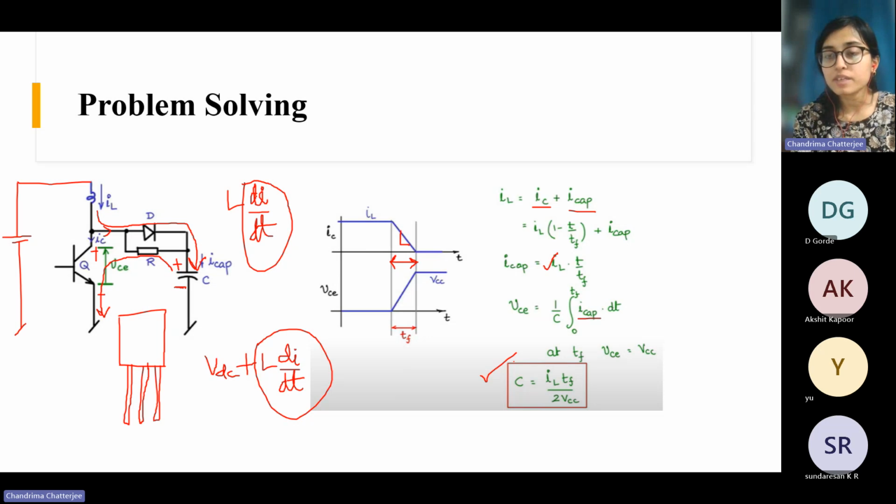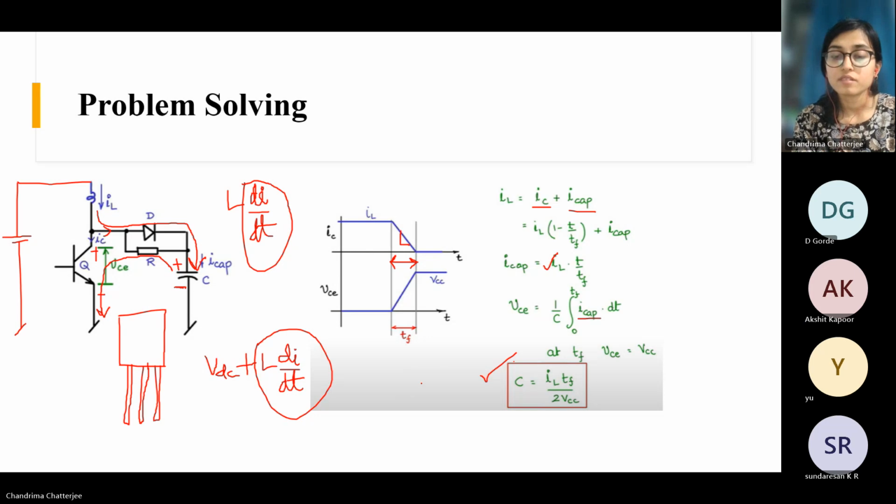If there is some di/dt, there will be some voltage across this inductor, and this voltage plus this voltage comes across this device. Now, if you are not interrupting the current through the inductor and are giving an additional path, there is no L di/dt, because it already gets a path through the capacitor. So the switch is protected. Your device is protected. The L di/dt doesn't come across this switch.